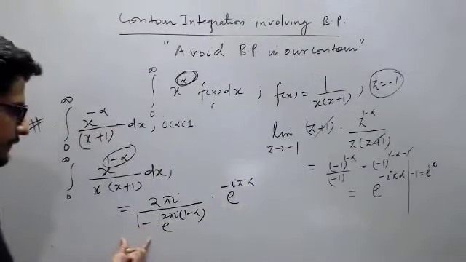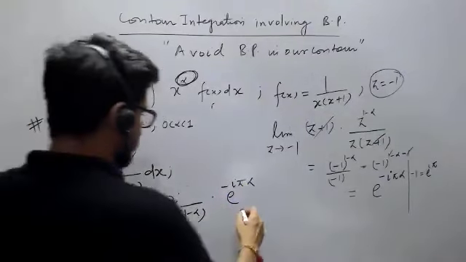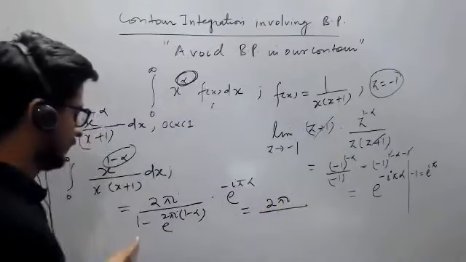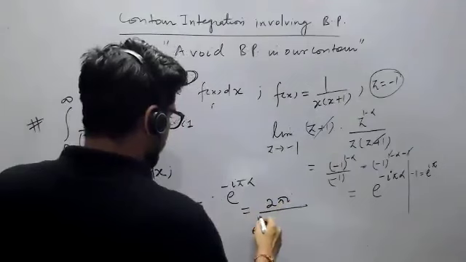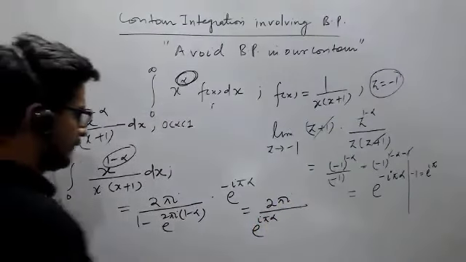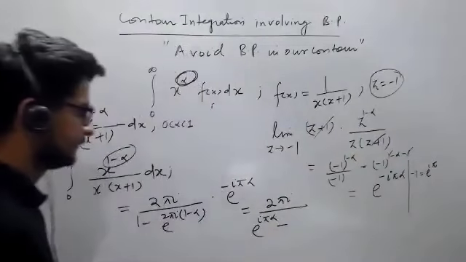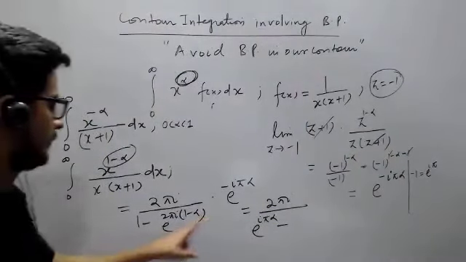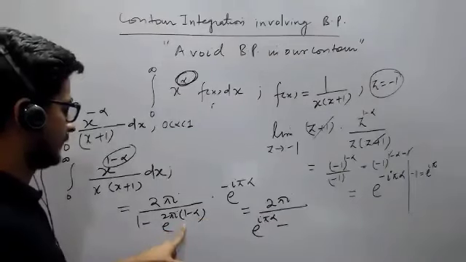Bring it down. So it will become 2 pi I over e to the power I pi alpha minus, if you multiply here, what will happen?